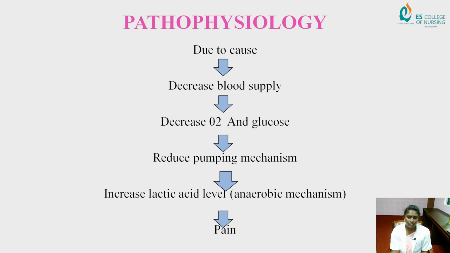Anaerobic mechanism means the metabolism uses only glucose and glycogen, whereas aerobic mechanism metabolizes with the breakdown of fat and proteins. But here anaerobic mechanism takes place, so the lactic acid level increases, and at last the patient goes into pain.